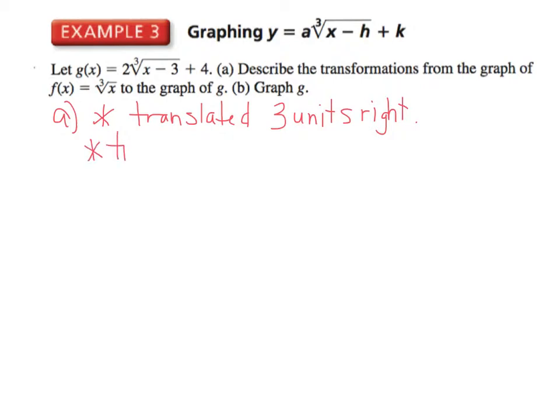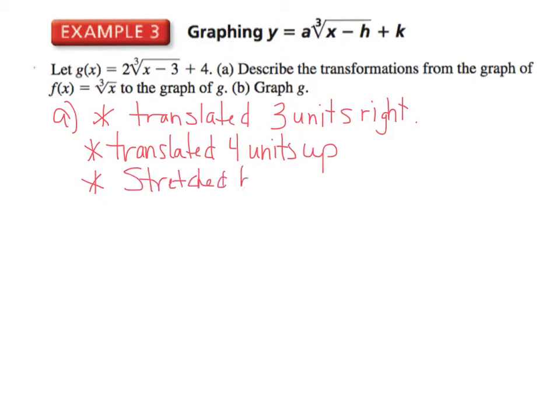We know it's translated 4 units up, and it's stretched by a factor of 4.